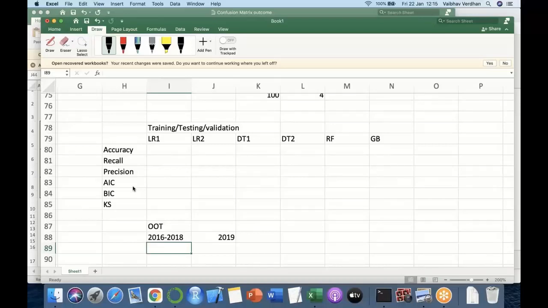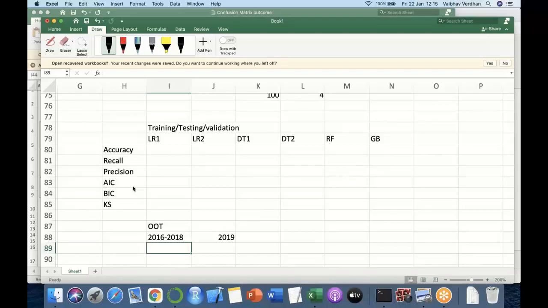So between all of these data sets, your algorithm should behave very well on out of time and validation data sets, because if it is behaving very well on the training data set, it does not matter, because it has been trained on that data set, it is bound to behave well on it. So even if it is behaving well on the training data set, we should not be very happy.